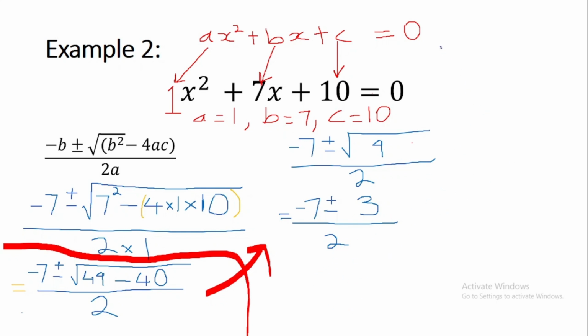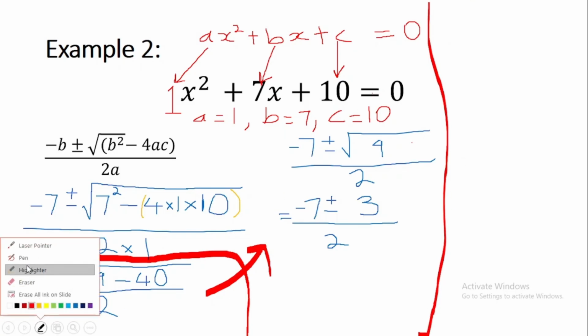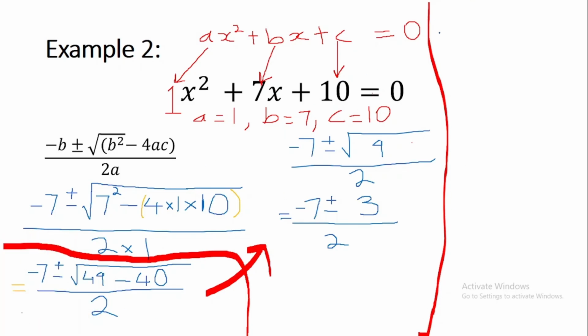Let me just separate it quickly using the highlighter. x is going to be equal to negative 7 plus 3, all over 2.